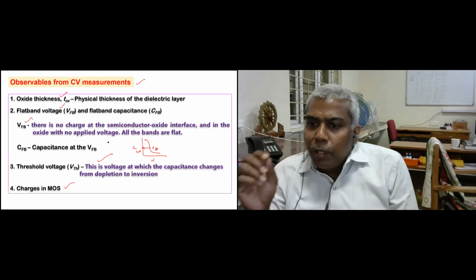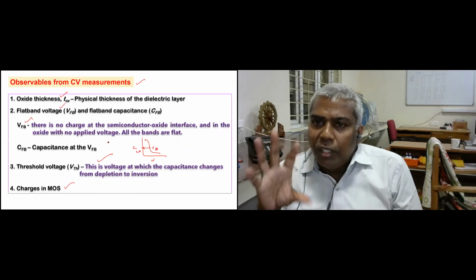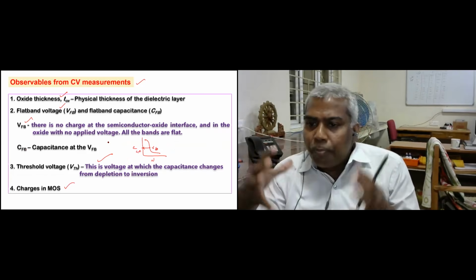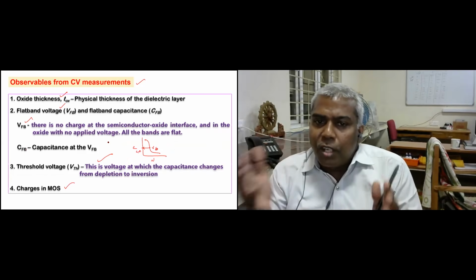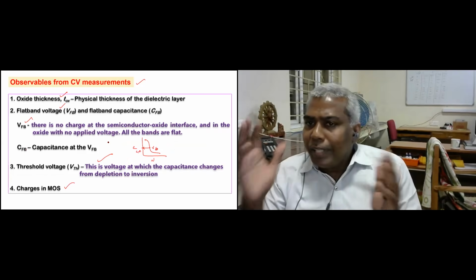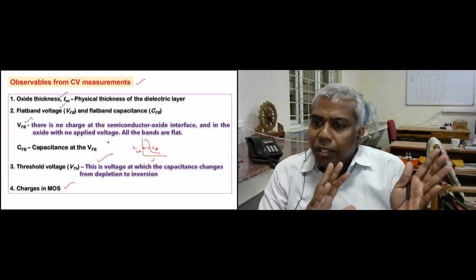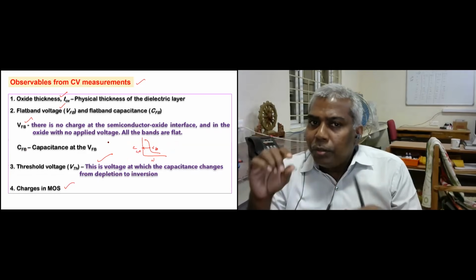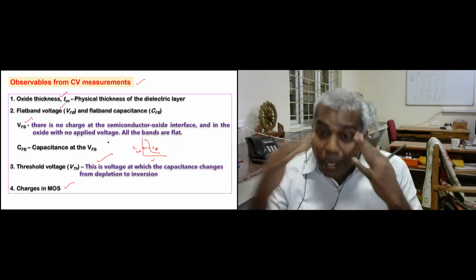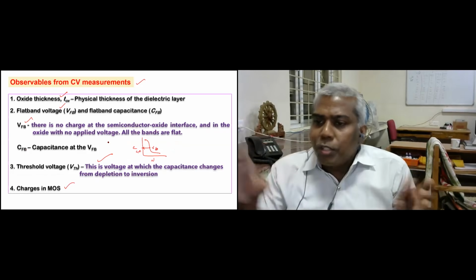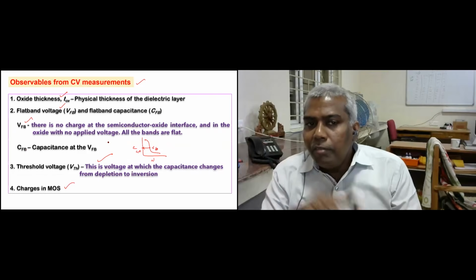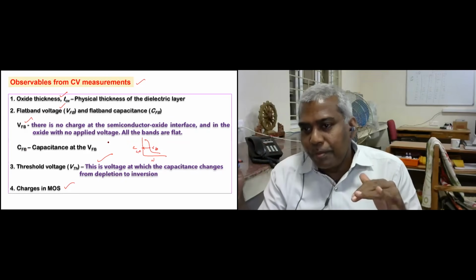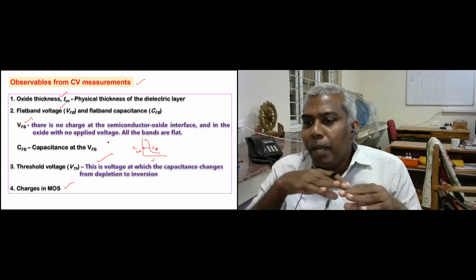So the flat band voltage is affected just because of the different types of charges packed or trapped at the interface and the oxides, all charges together. That will disturb the flat band voltage. In case the band bends because of the charges present there, then we have to apply a voltage to correct it, to make the band flat.